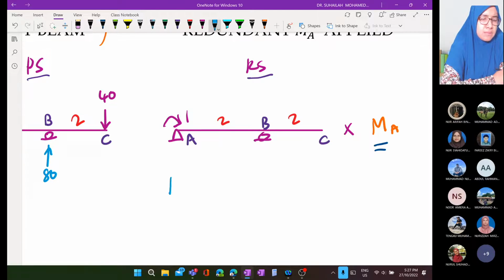1. Kalau taking moment at B, dapat apa? Taking moment at B, we get 1 plus AY times 2.